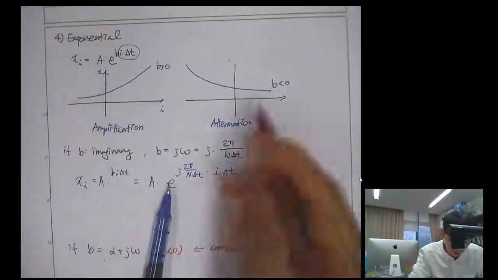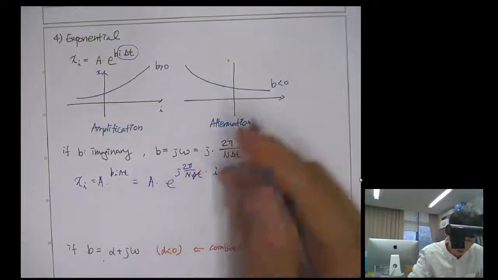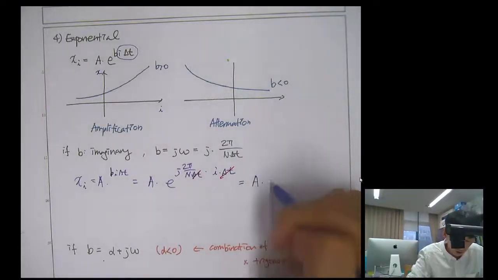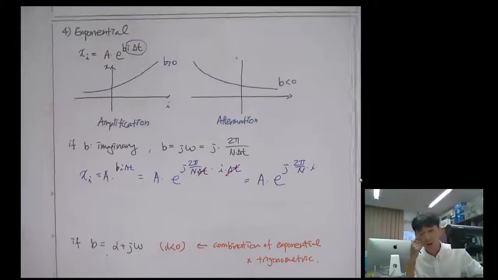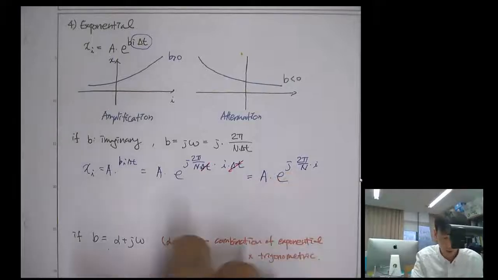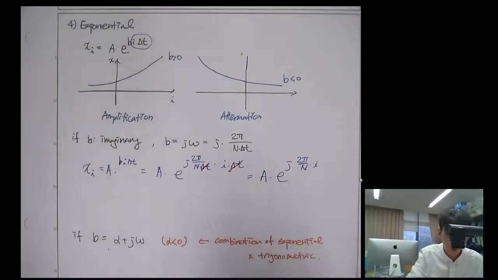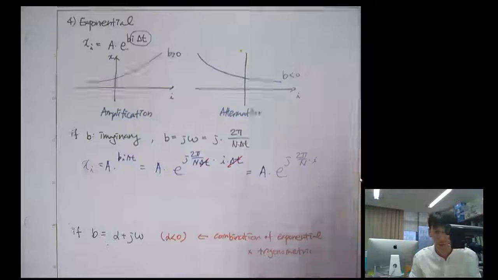Then delta t will cancel out. So then a e to the j 2 pi i over N. So here j is the imaginary number and i is the index, the one that's increasing with time.